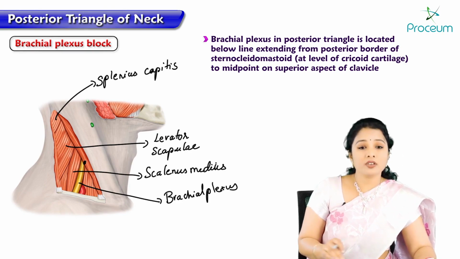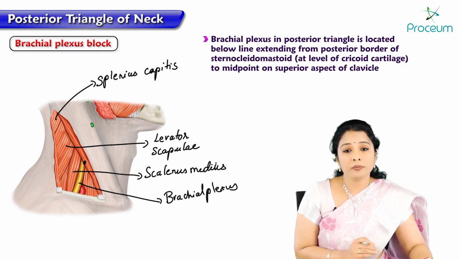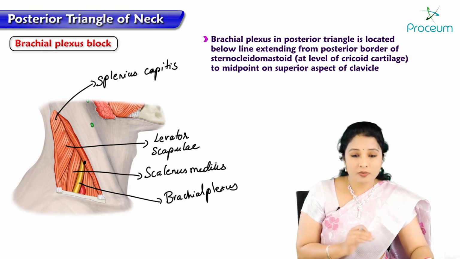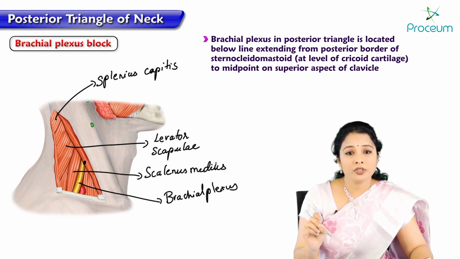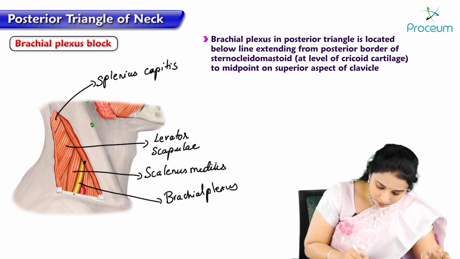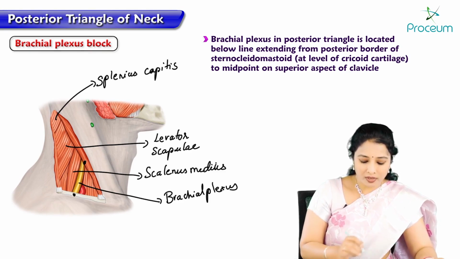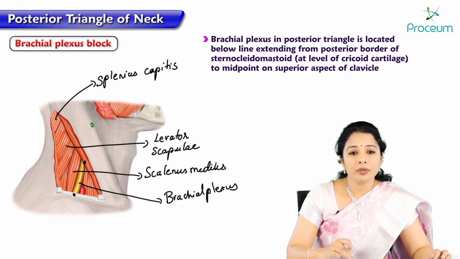So these are the trunks of the brachial plexus. So in brachial plexus block, this point is chosen, that is along the posterior border of the sternocleidomastoid, just at the level of cricoid cartilage, to the midpoint of superior aspect of clavicle. So this is the midpoint of superior aspect of clavicle. So anywhere in between is the brachial plexus trunk.